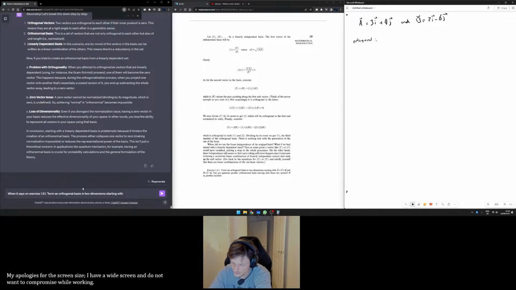So these are basis vectors. They might be linearly independent. We don't know. Well, they are linearly independent because they can make A. Well, they might be linearly independent because they can make A. Okay.